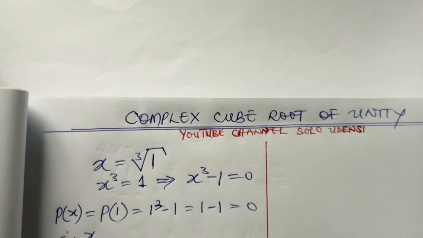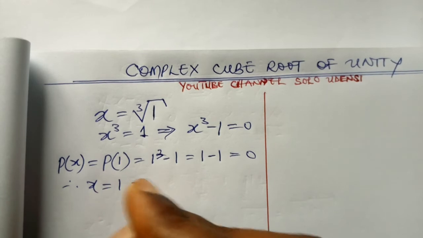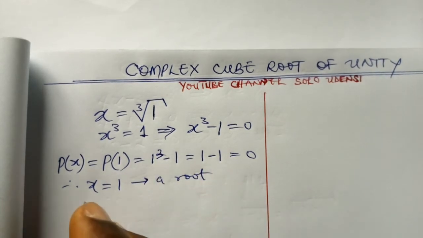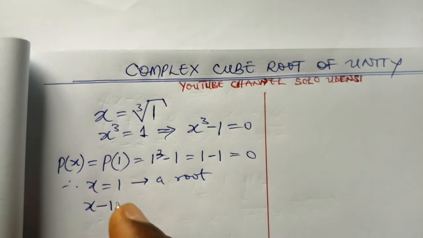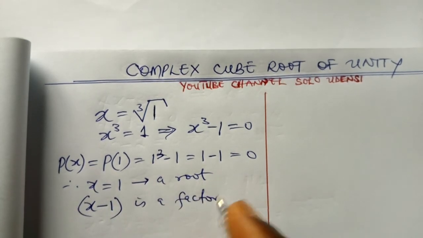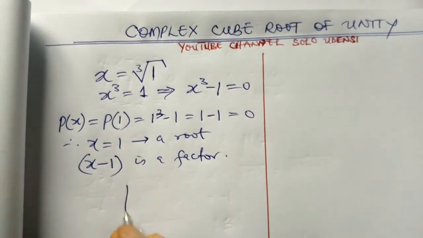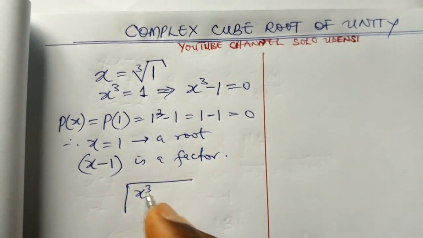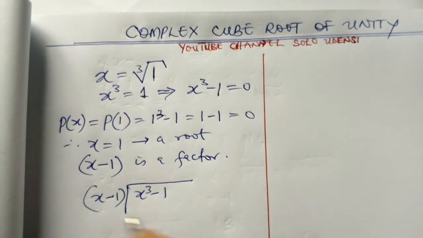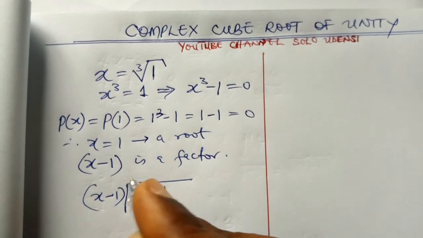Therefore x equal to 1 is a root, or you can just say x minus 1 is a factor. If x minus 1 is a factor, it means we can divide this equation by x minus 1. We have done this before, but I'll go through it again.